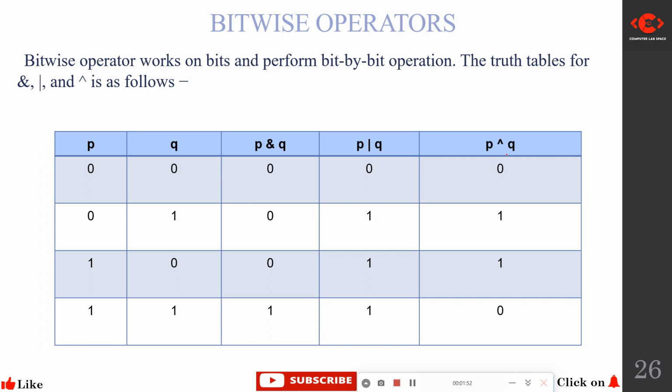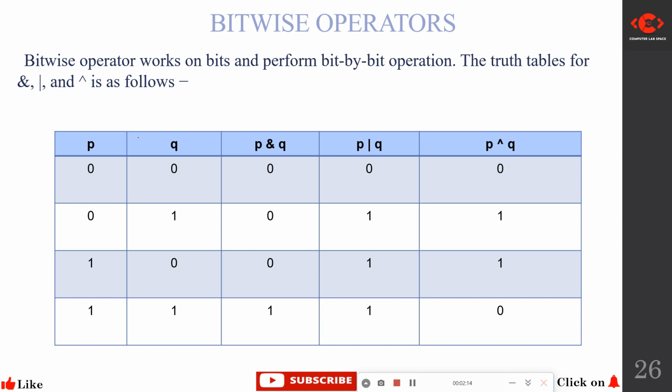And for the exclusive OR, see here, for 0, 0 it is 0, and for 1, 1 it is also 0. Why? Because in bitwise exclusive OR we consider the corresponding bit positions in both the operands.